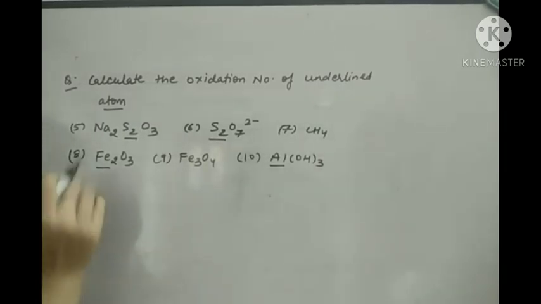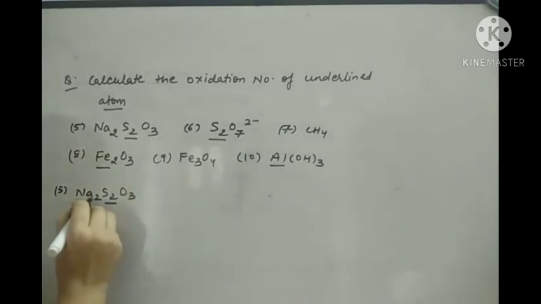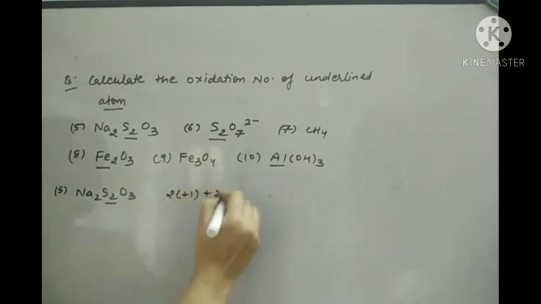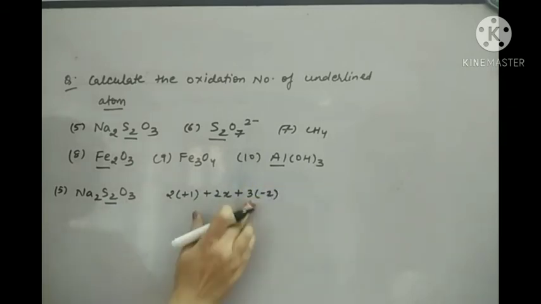The fifth is Na2S2O3. I have to find out the oxidation state of sulfur here. I know the oxidation state of oxygen, but I don't know about sodium. Now I will use my sense that sodium belongs to the first group of the periodic table, and whatever first group elements are, they have a plus 1 oxidation state. So sodium has plus 1 charge, so it is 2 into plus 1 plus 2x plus 3 into minus 2, because oxygen is 3 and minus 2.